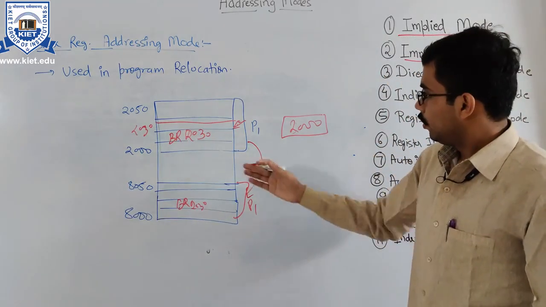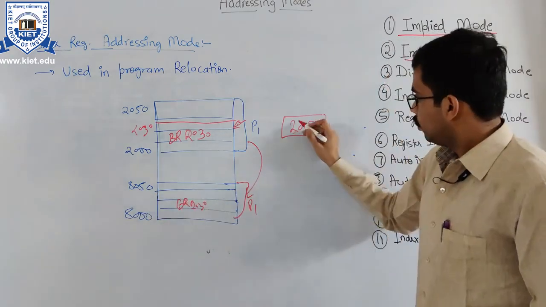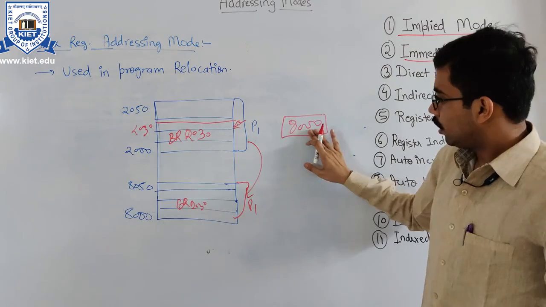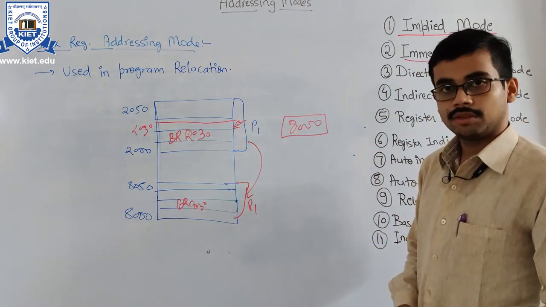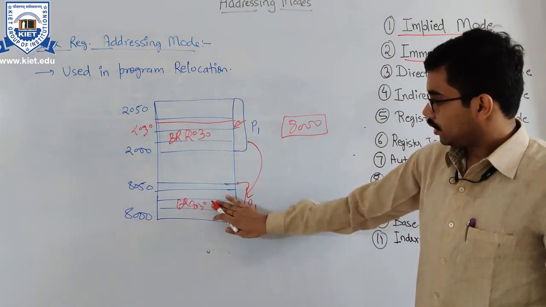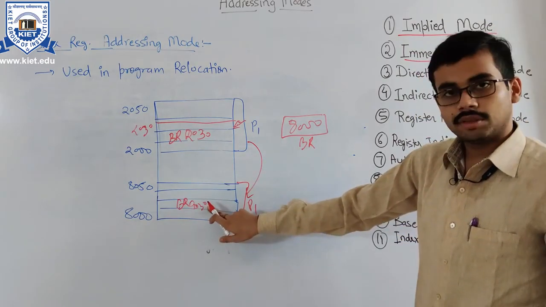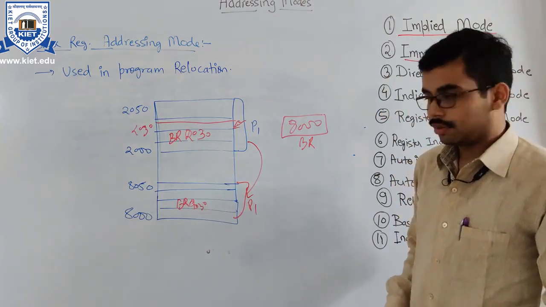But if we relocate it to 8000, we update the base register to 8000. Now BR 0030 is there. It will add the base register value, 8000, to 0030, and get the new location 8030.